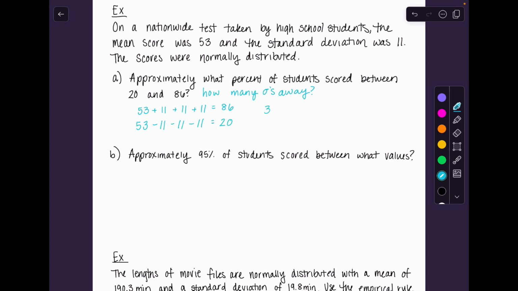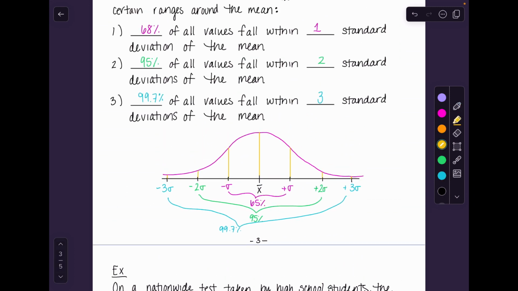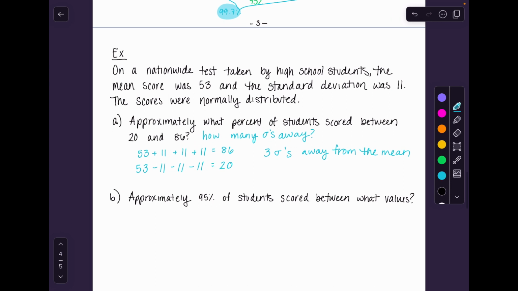So we are 3 standard deviations away from the mean on both sides. So using our empirical rule, because I'm 3 standard deviations away, 99.7% of students would have scored between these 2 values.